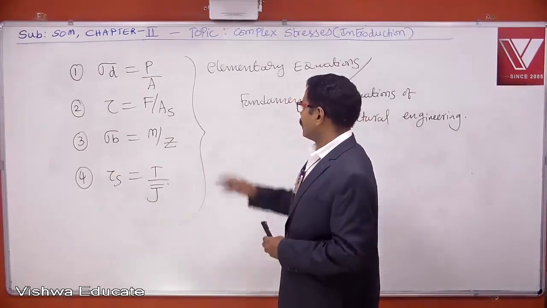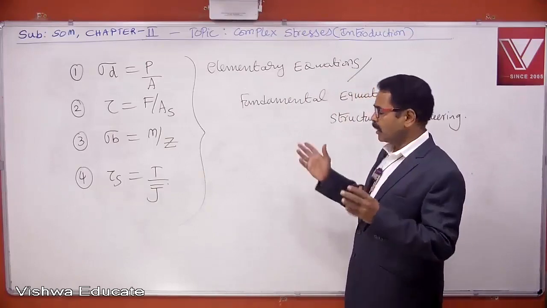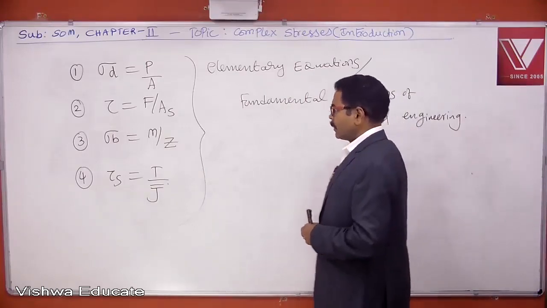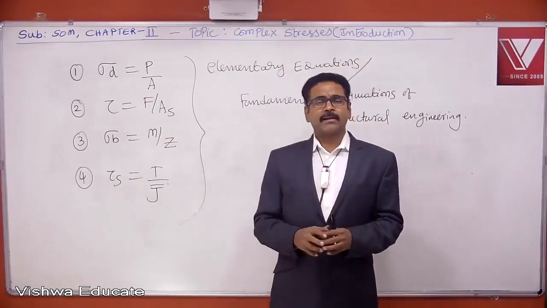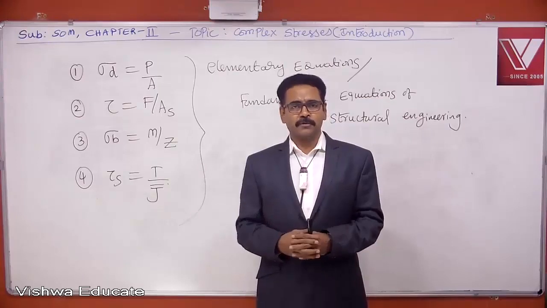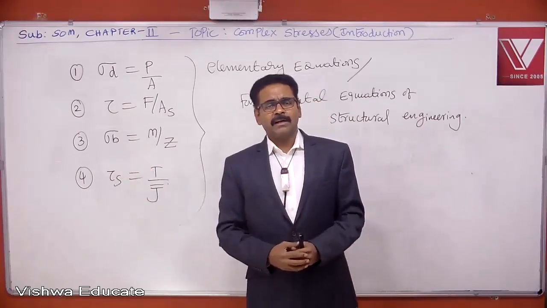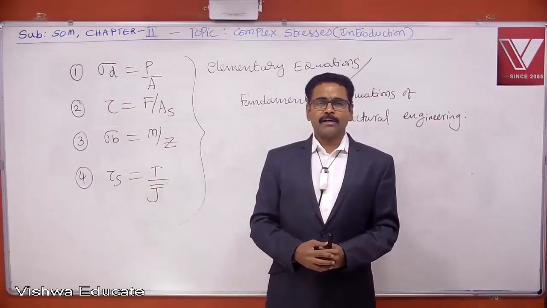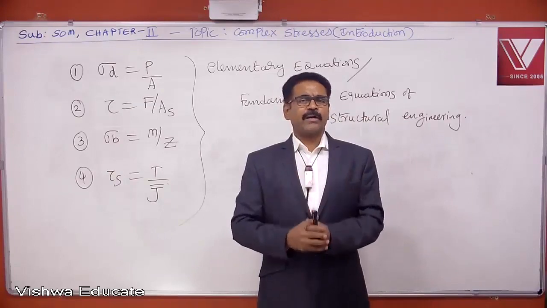Right? Let us try to examine these four formulae critically. What does the first formula say? If any structure carries normal force of P, a direct normal stress of P by A, or sigma D, will induce. What does the second formula say?